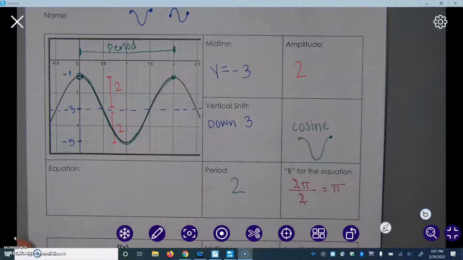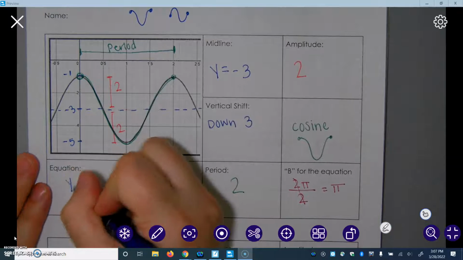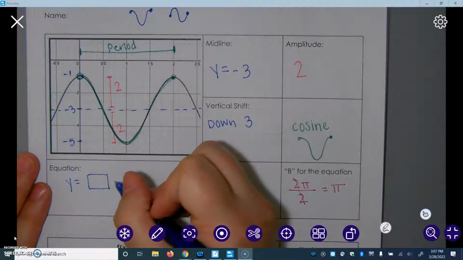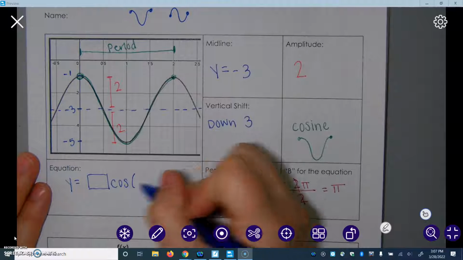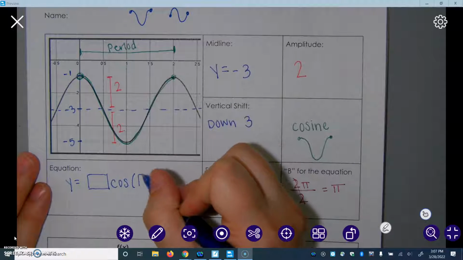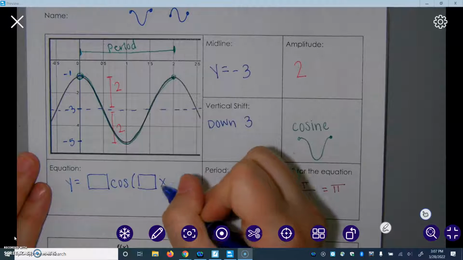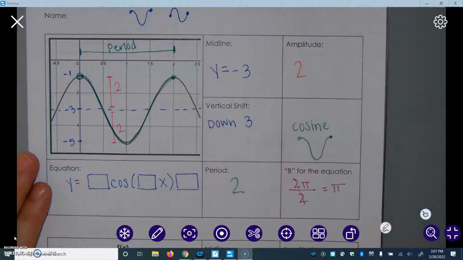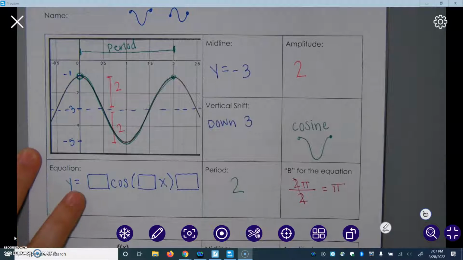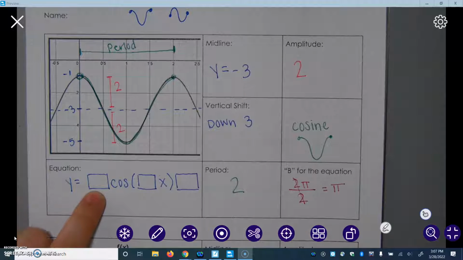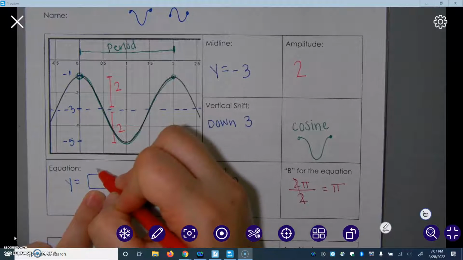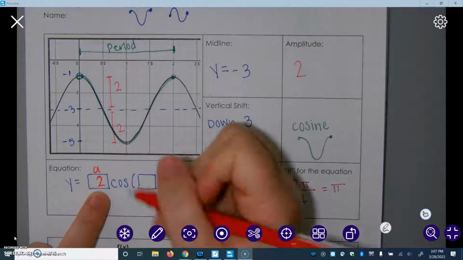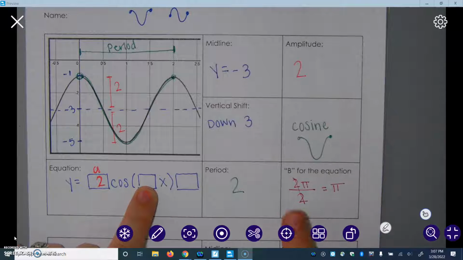So when I go to build my equation, I'm going to put y equals. In this box, I'm going to put the amplitude. I'm using cosine. There's something supposed to go here in front of the x, and then there's something that's supposed to go at the end. So there's like an A, a B, and a C. So the A is the amplitude. And so our amplitude was 2. The B is this.